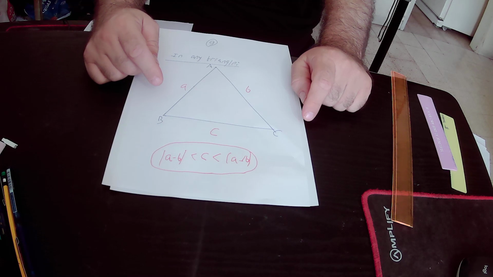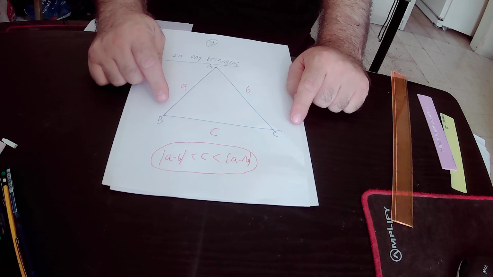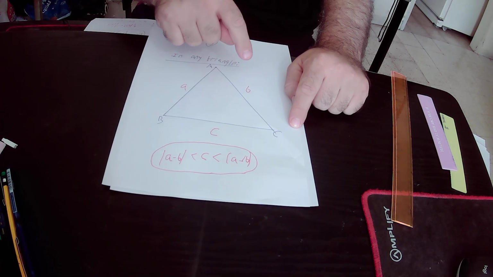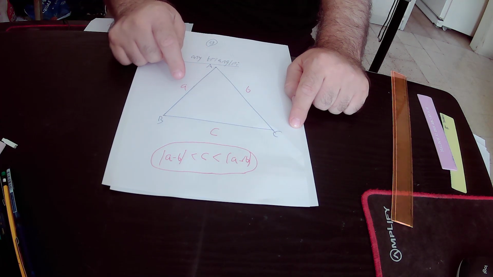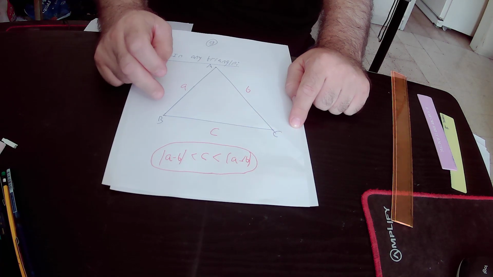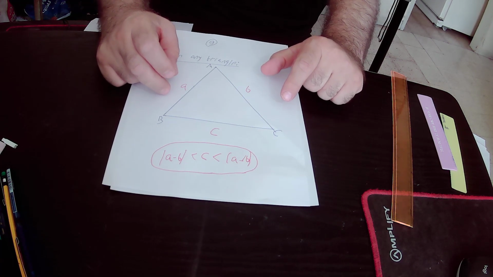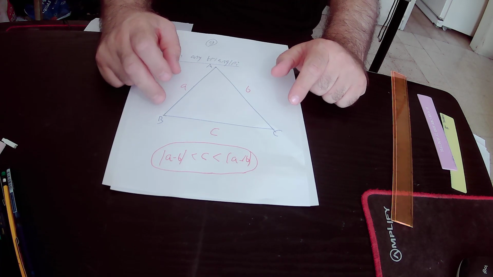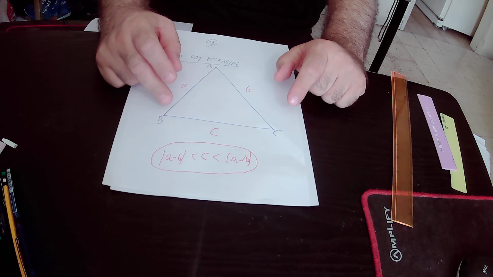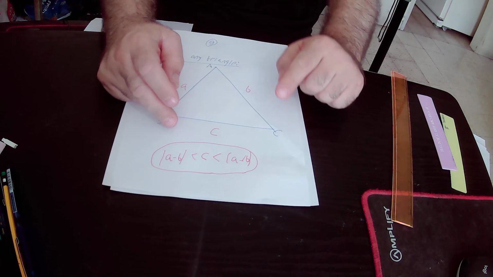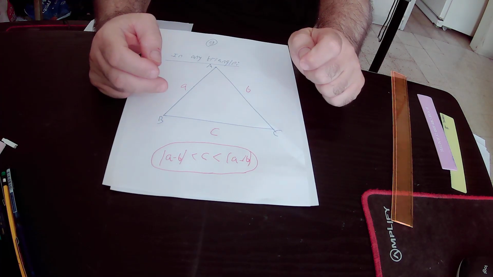Then the length C will always be smaller than A plus B, and C will always be greater than the absolute value of the difference between A and B. That is to say, C is greater than the absolute value of A minus B, and it is smaller than A plus B. Okay?